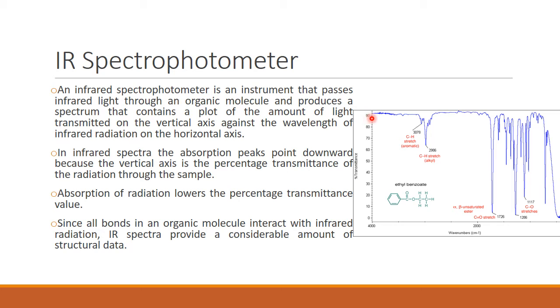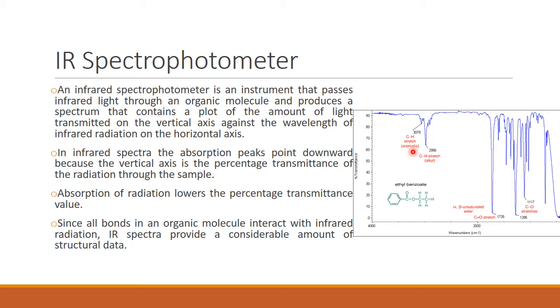Initially the transmittance is 100% for different wave numbers, but at a certain range it suddenly reduces to a certain value at a wave number of 3078. That means at that corresponding infrared radiation, some of the energy is being absorbed. So the wave number and the intensity, or the absorption rate, will define which corresponding chemical bond it is.